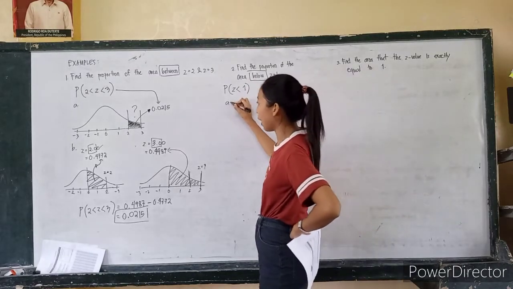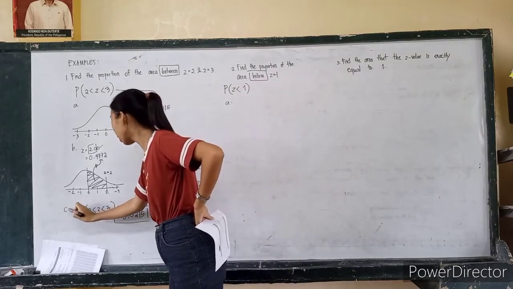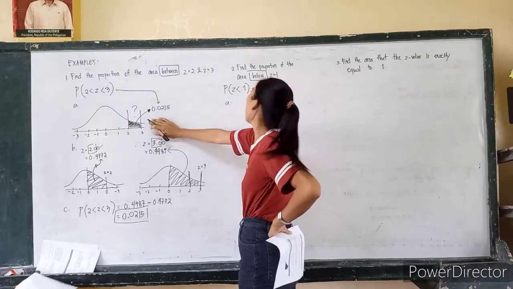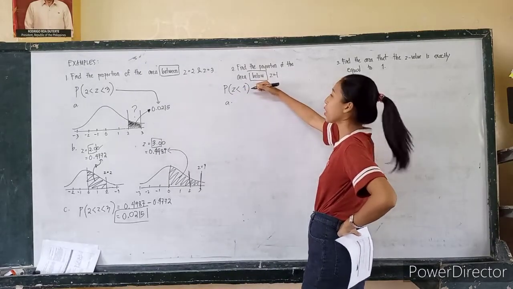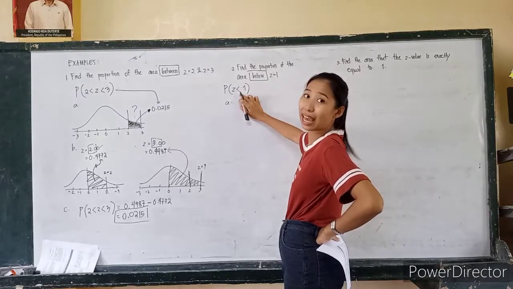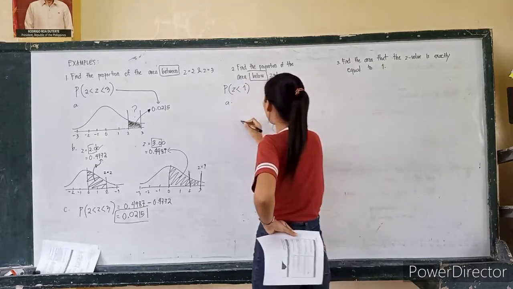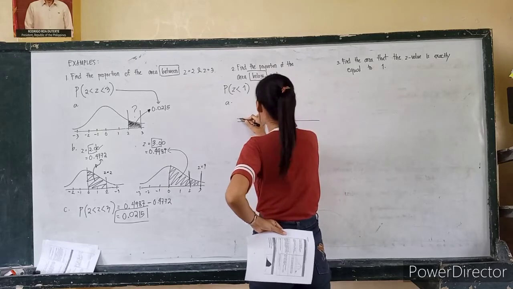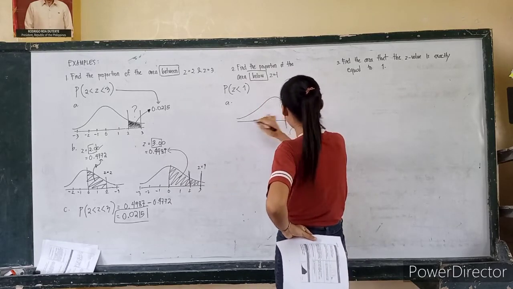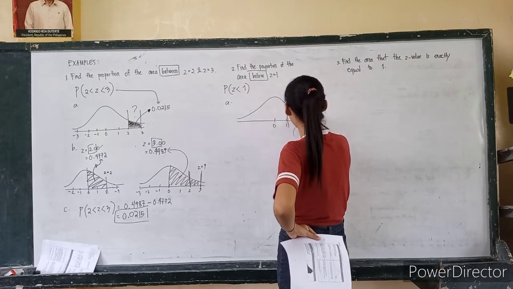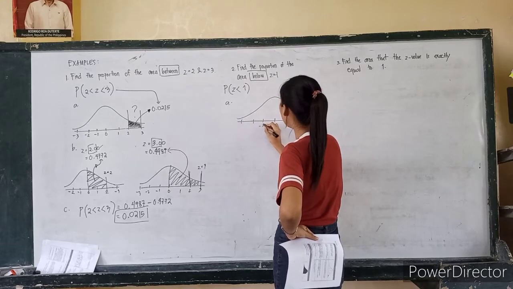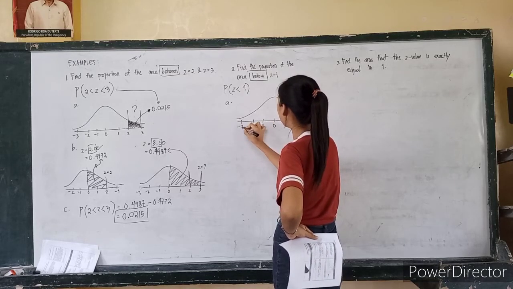First step is to locate the area where we can find Z below 1, or Z less than 1. So we draw the curve with the x-axis: 0, 1, 2, and 3, then negative 1, negative 2, and negative 3.